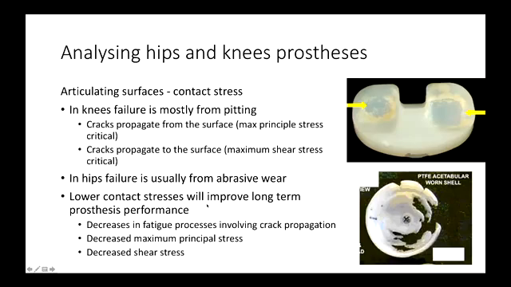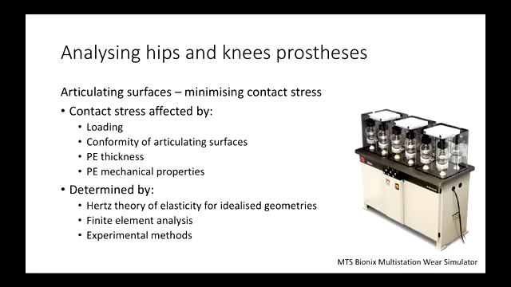Abrasive wear is basically where it's trying to slide out of position. So in general, lower contact stress is good. Okay, that's the thing to take away from it. A lower contact stress in your joint is better. So as engineers, we tend to try and design these to minimise our contact stress.